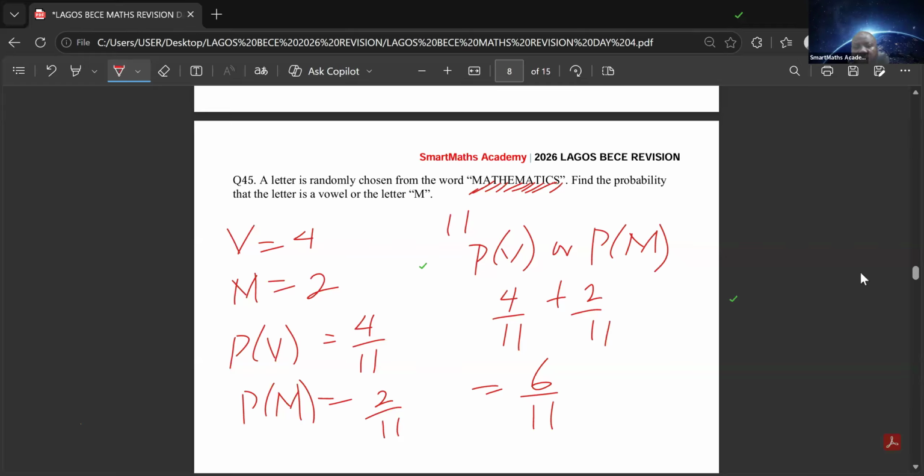So how many letters are in the word mathematics? 1, 2, 3, 4, 5, 6, 7, 8, 9, 10, 11. So the probability of M is what? 2 over 11. Oh, okay, I understand. Thank you, sir. You're welcome. This is how you should ask questions if you don't understand, not that you want me to explain everything from the beginning again.